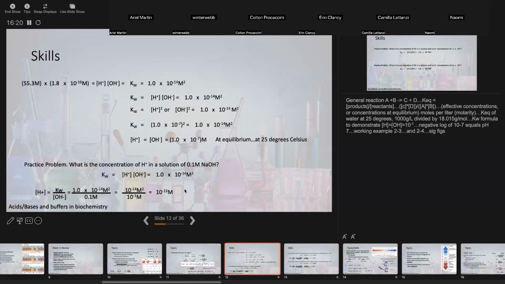Does anyone know why that number shrank as compared to 10 to the negative 7th? Or did anyone remember the name of the principle that may cause the concentration of certain products to shrink?